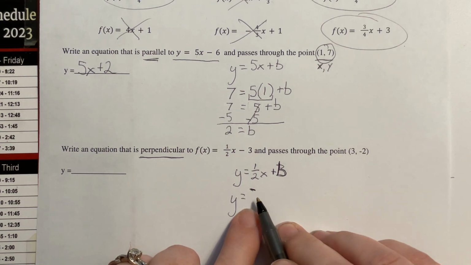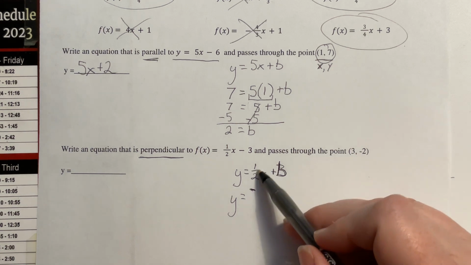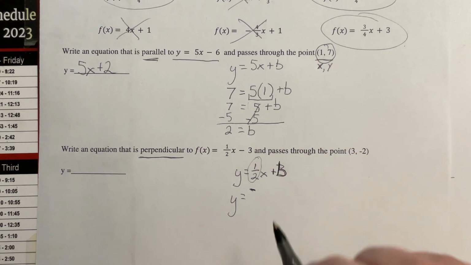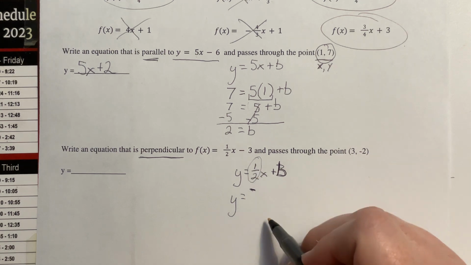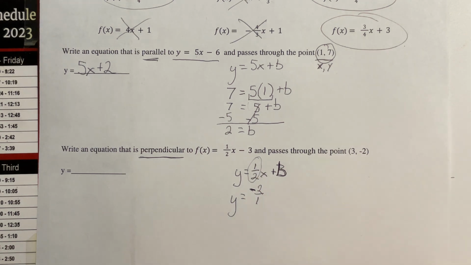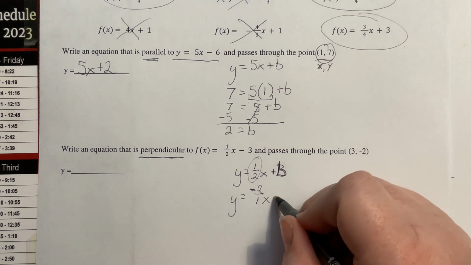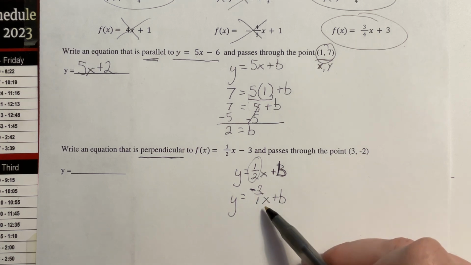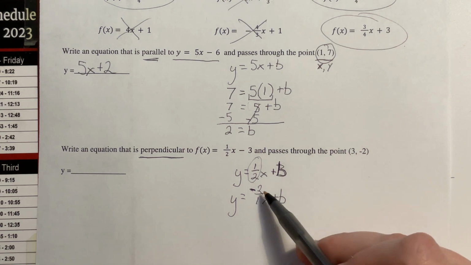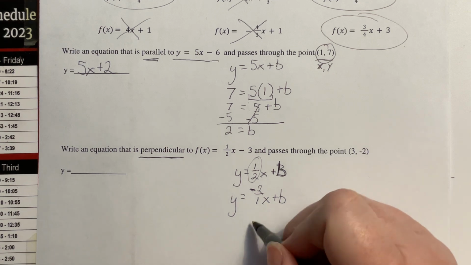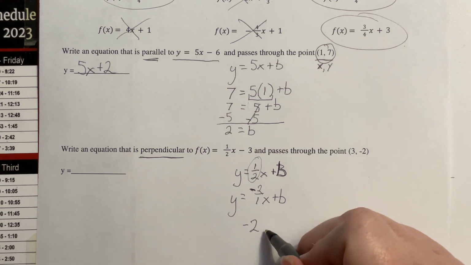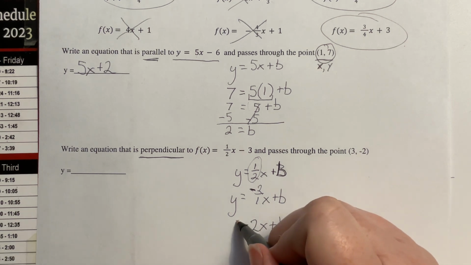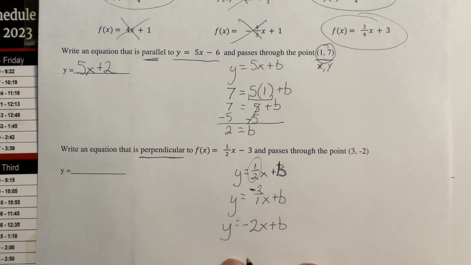That's the opposite part. And the reciprocal means literally we're going to take this fraction and we're going to flip it upside down. So instead of 1/2, it's going to be 2/1. See? And then I'm just going to bring down the rest of the problem. Now, 2/1, can we simplify that a little bit to make it less scary? What's -2 divided by 1? It's just plain old boring -2. So now I have -2x plus b. That equals y.